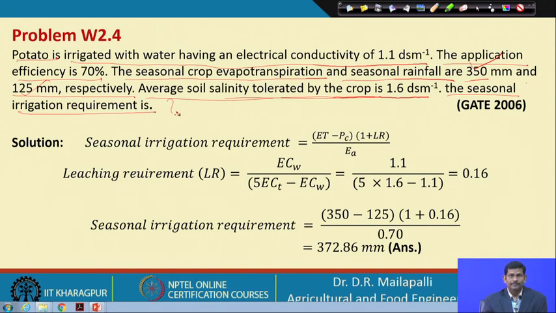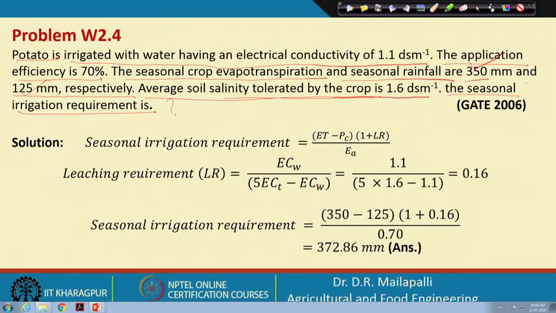Here, remember, irrigation is required not only for the crop but also for the salts to be leached down. So, you have to apply more water. That is why, in the equation for the seasonal irrigation water requirement, this part is for the crop.